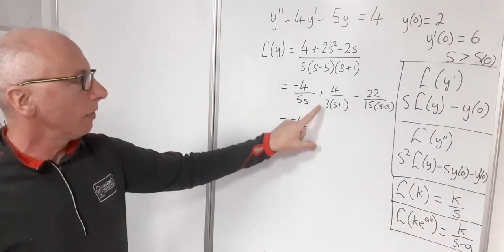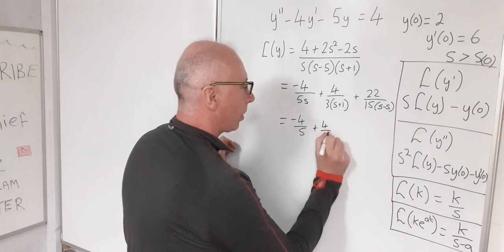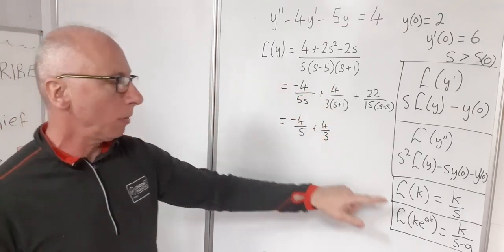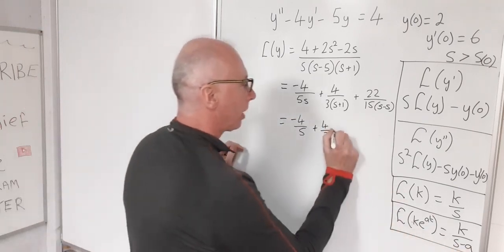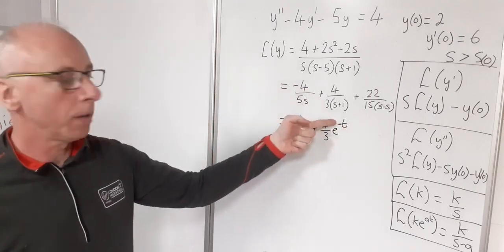So now k for this one is going to be 4/3. So I can add 4/3, and then that will leave me 1 over s plus 1, so that will give me a minus 1 for my a. So therefore I've got e to the minus t. So that takes care of that term.